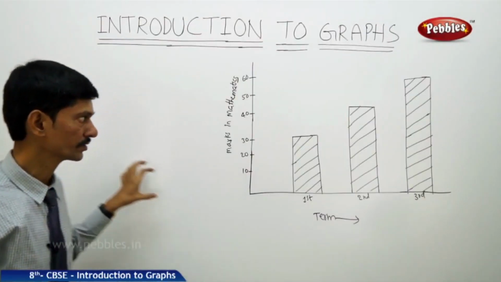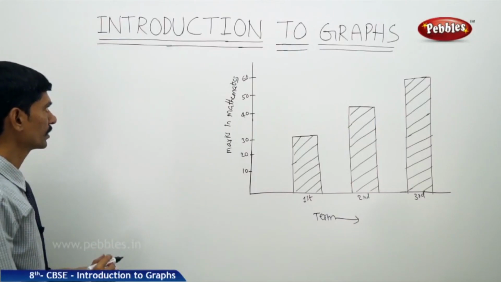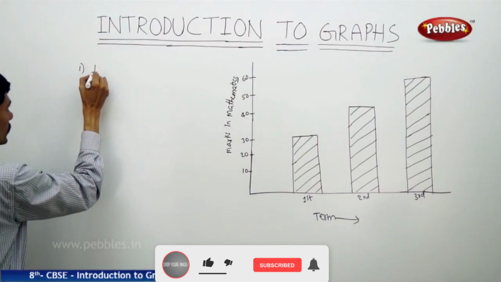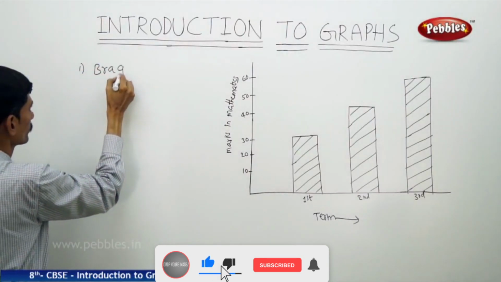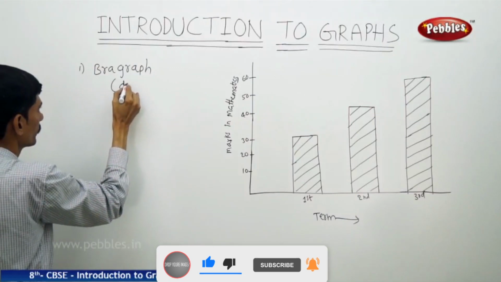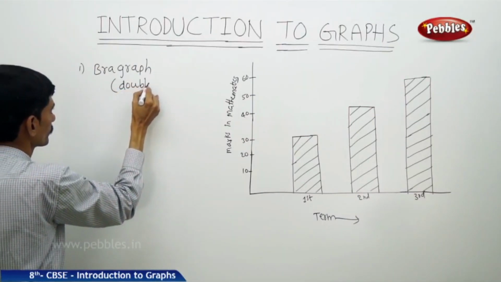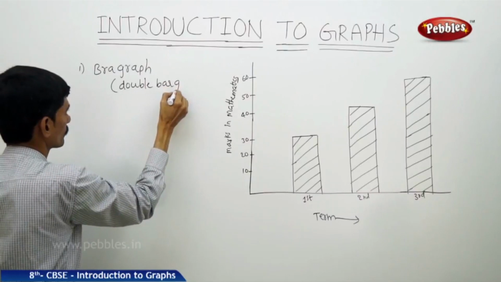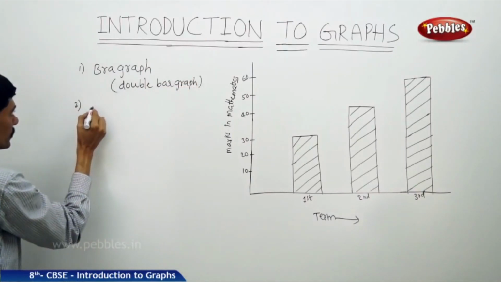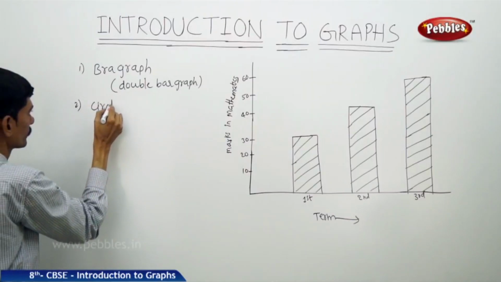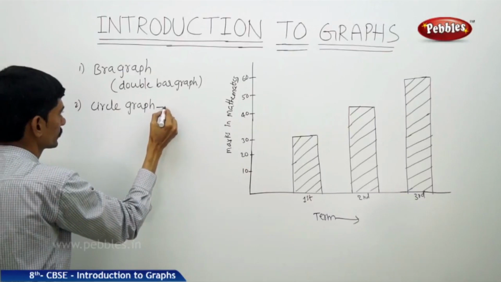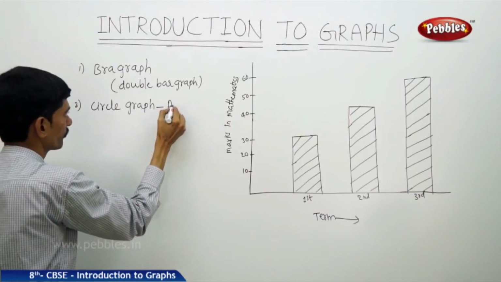There are different types of graphs, means there are different types of graphical representation. The first one we can take is the bar graph, or sometimes we draw the double bar graph, and we can take the circle graph, or this is also known as the pie graph.